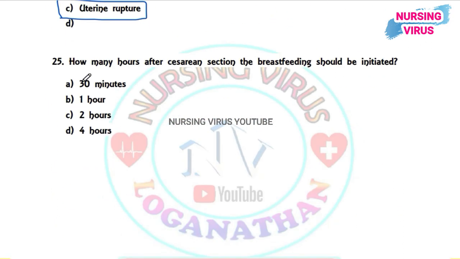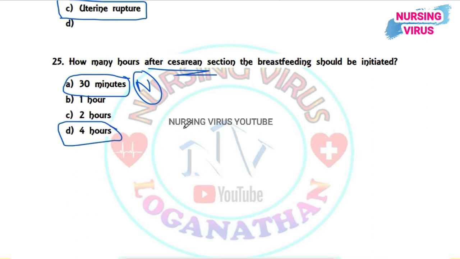So last question: how many hours after the cesarean section should breastfeeding be initiated for the baby from the mother? The options are 30 minutes, 1 hour, 2 hours and 4 hours. Already I said that 30 minutes is considered for the normal woman. In case of LSCS, after 4 hours is given the most preference.